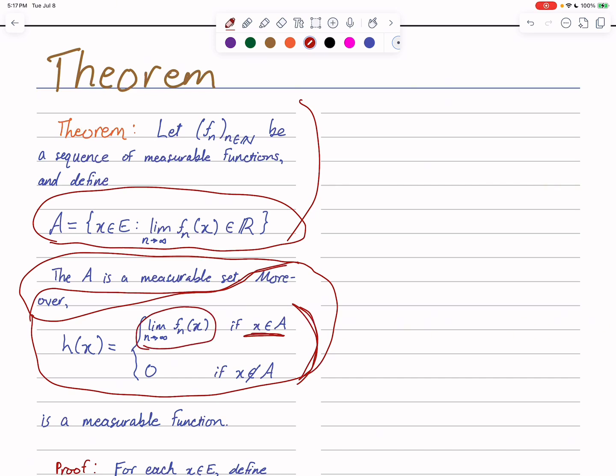If you evaluate at any other point, then we simply send that over to 0. So h is a little bit like the restriction of the function to the points where the limit exists. And so anyway, we're going to show that this function h is a measurable function.